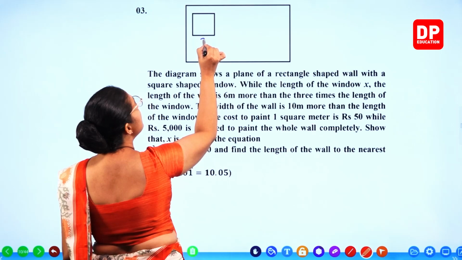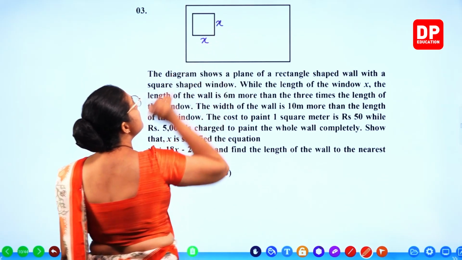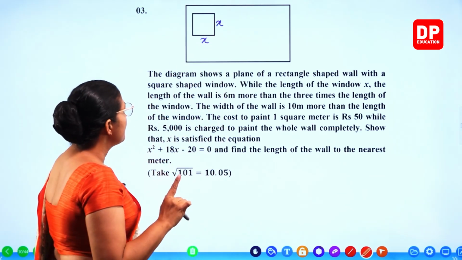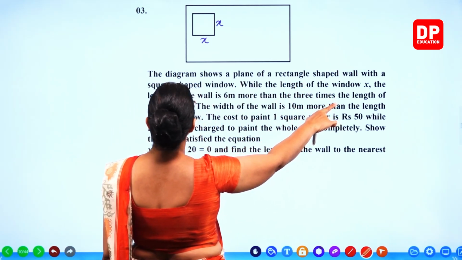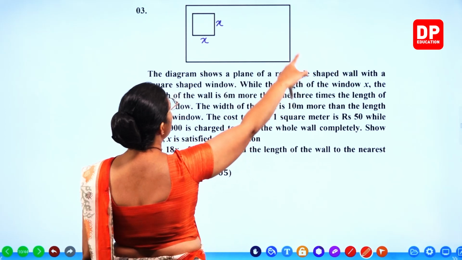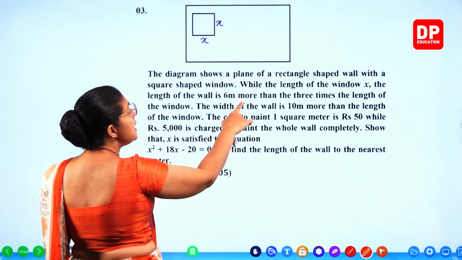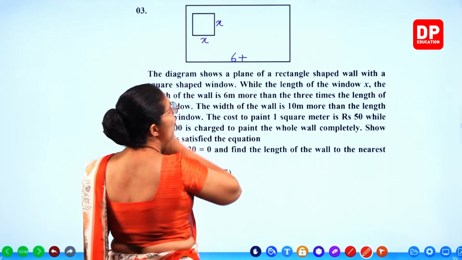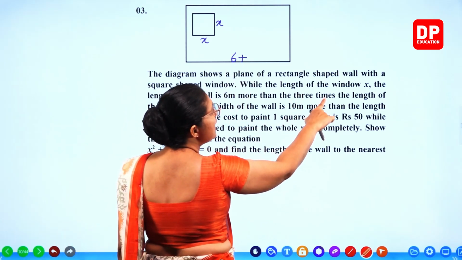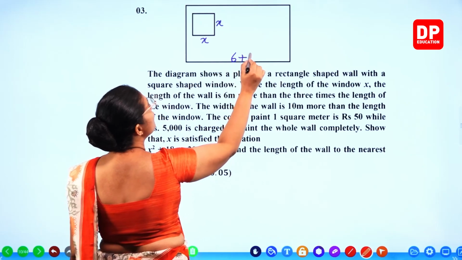So they have taken this square with length x. The length of the rectangle, this is the wall, is 6 meters more, that means plus 3 times the length of the window, 3x.